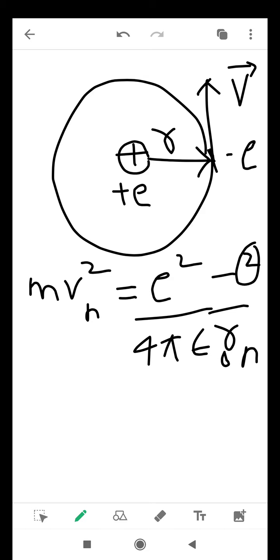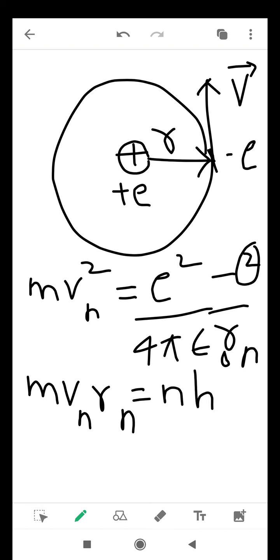Now, according to Bohr's postulate of quantization of angular momentum, which we studied in the beginning of the class, the angular momentum m vn Rn is equal to an integral multiple of nh divided by 2 pi. From this, get the value of Vn.